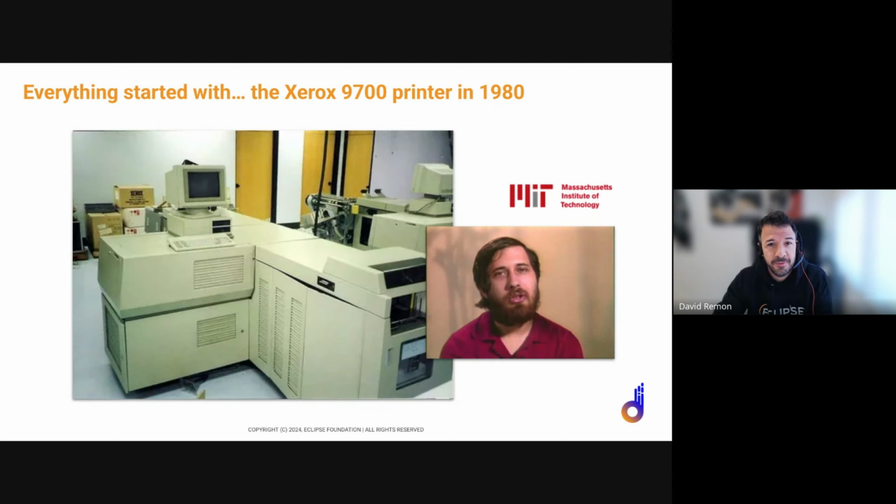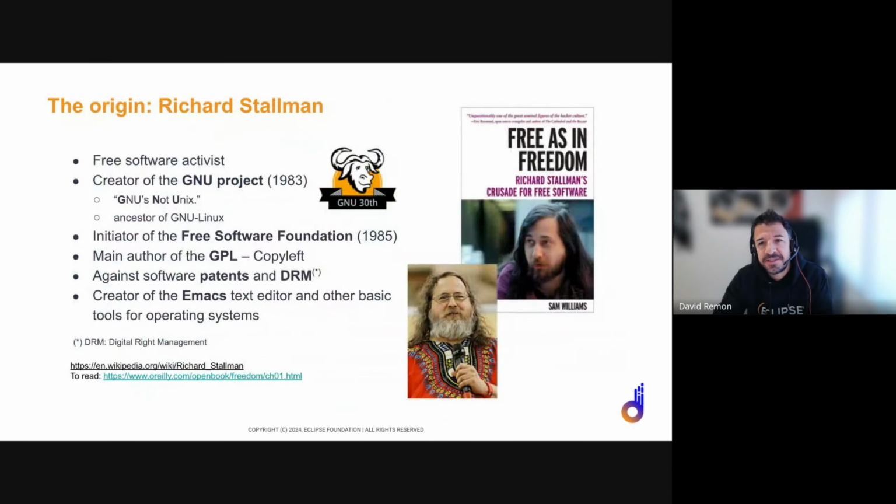In that laboratory, there was this person here on the right, Richard Stallman. He was one of the people modifying the code, and he was one of the creators of the free software. He was the main author of the GPL license, famous in that time, and started the Free Software Foundation.